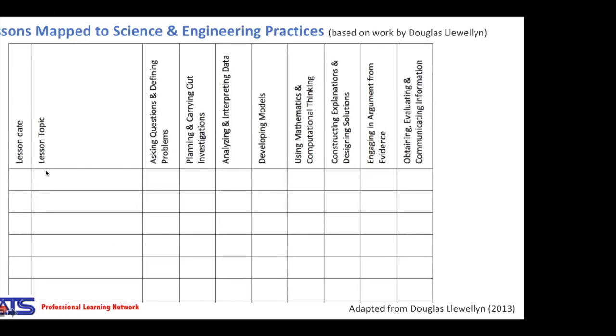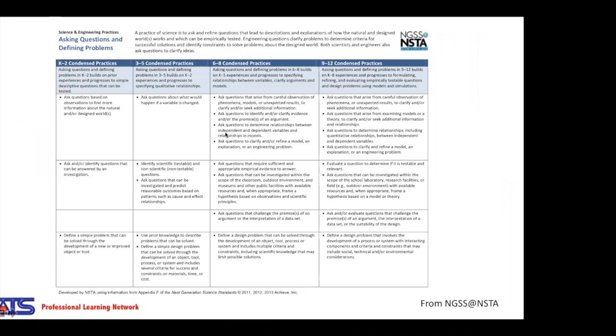I put the date there, the topic, and I look at that lesson and ask, when I look at that NSTA rubric, are students asking questions and defining problems? Are students asking questions that arise from careful observation of phenomena, models, or unexpected results?